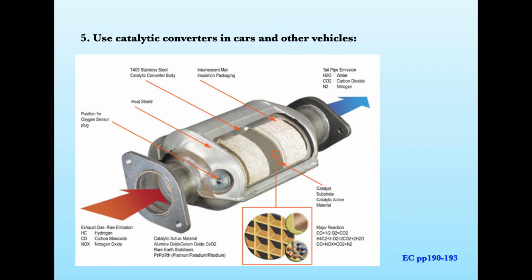Another important thing to use is one of these. This is a catalytic converter. It's used in cars and other vehicles, and essentially nasty gases go in. This is the red stuff. You've got hydrogen, that should say hydrocarbons, not hydrogen. Hydrogen doesn't go in. So unburnt hydrocarbons, for example petrol, goes in, and carbon monoxide from the engine, and nitrogen oxides from the engine, look, NOx.